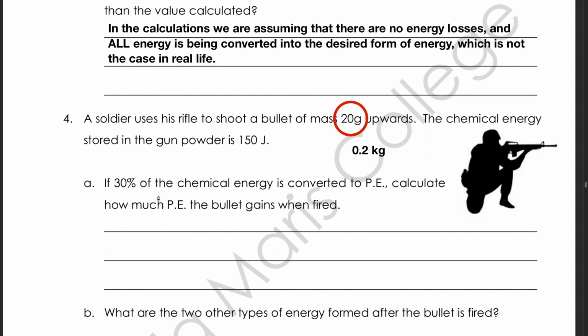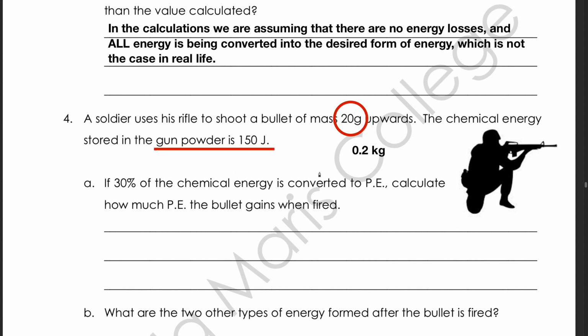Question A. If 30% of the chemical energy is converted to potential energy, calculate how much potential energy the bullet gains when fired. Now, this question has nothing to do as such with the equations we are learning or with the principles we are learning. It is simply mathematics.